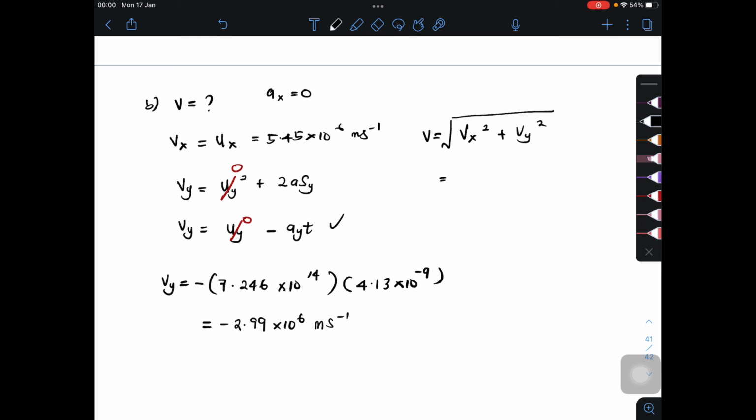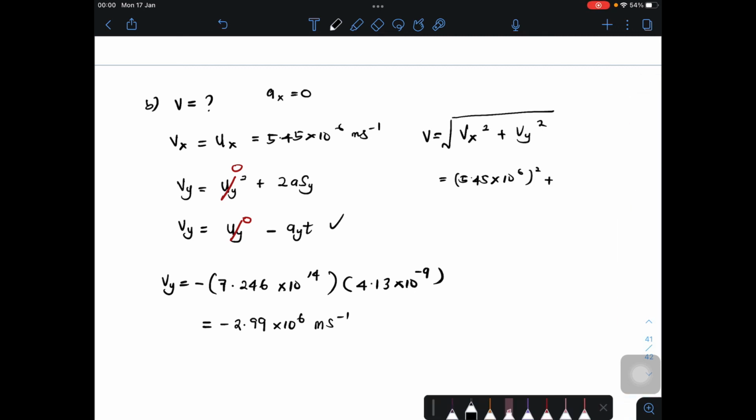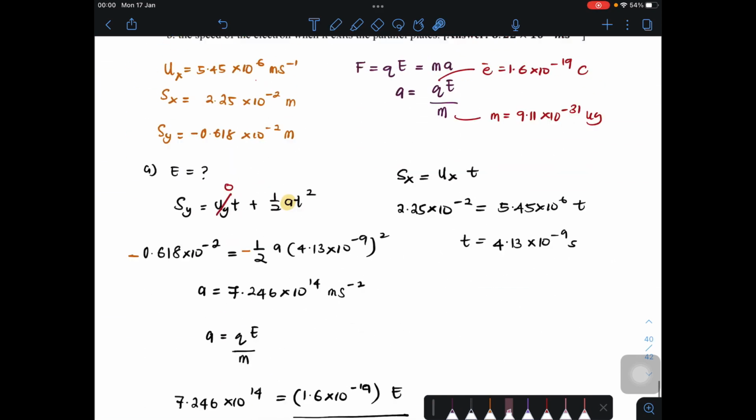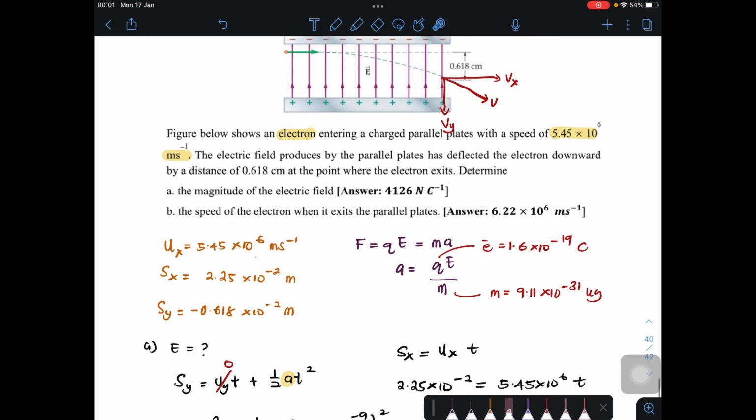And then just masukkan Vx square plus Vy square, and then V will be equal to 6.22 exponent 6 meter per second. Okay, do we need to find the angle? Okay, we don't need to find the angle since soalan minta the speed, cannot velocity.